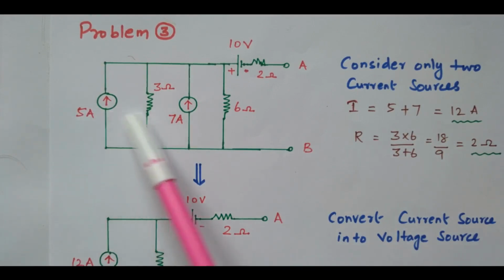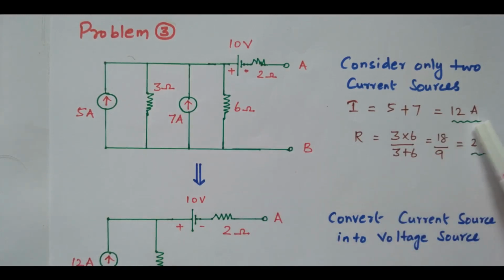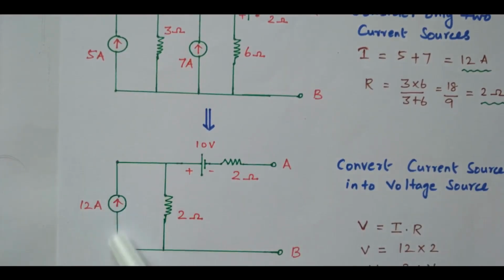So these two current sources with two internal resistors are now converted into a single current source of 12 ampere with an equivalent resistance of 2 ohm. Now we can reduce this diagram. See this, it is now converted into a single current source of 12 ampere and a single resistor of 2 ohm.